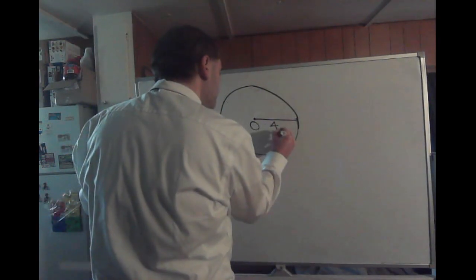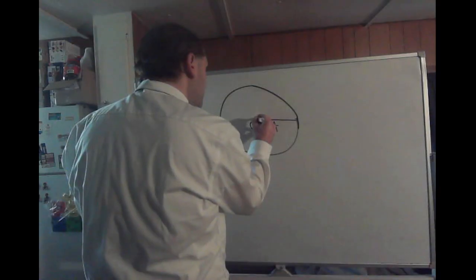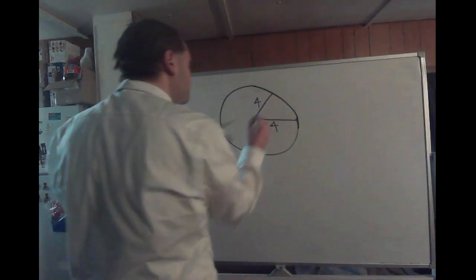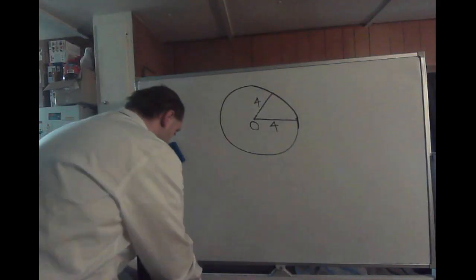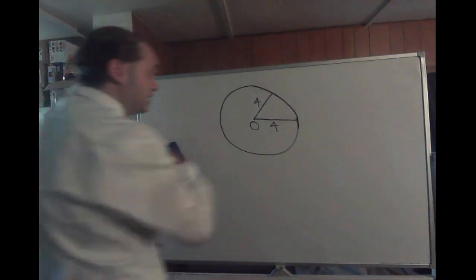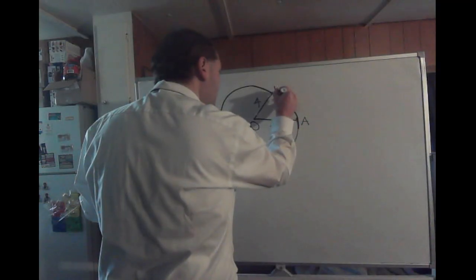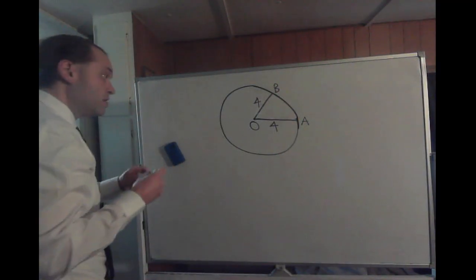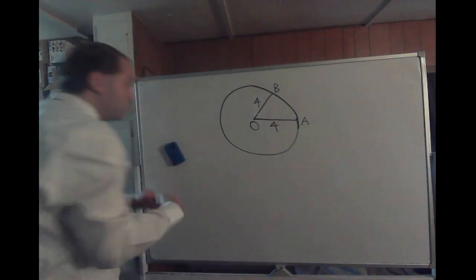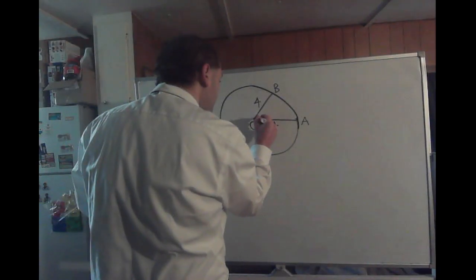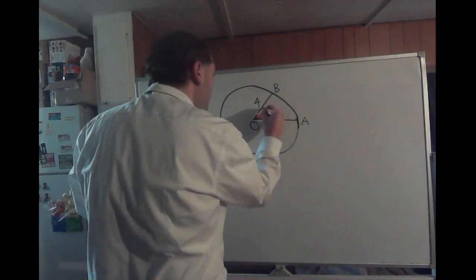So the radius is 4. This is going to form, I'll give it to you here in a second once I label the points. Let me shade in the region here, of course.